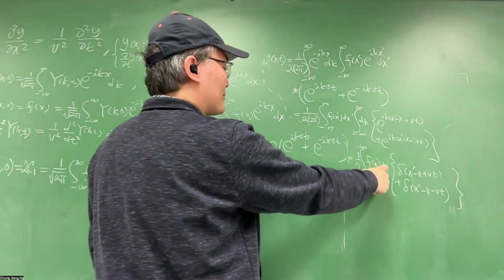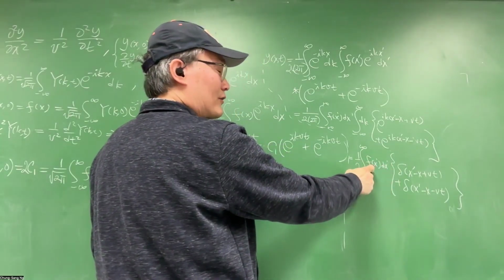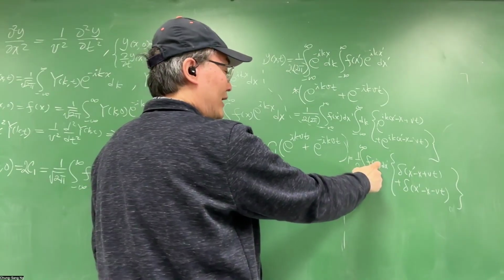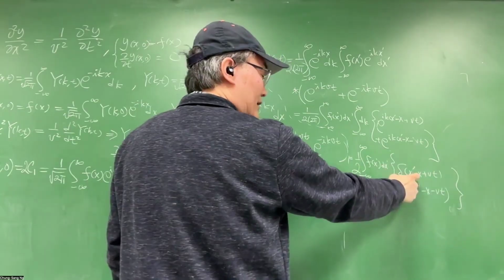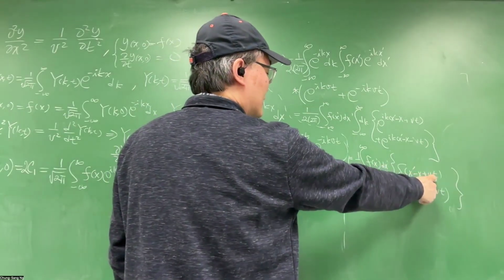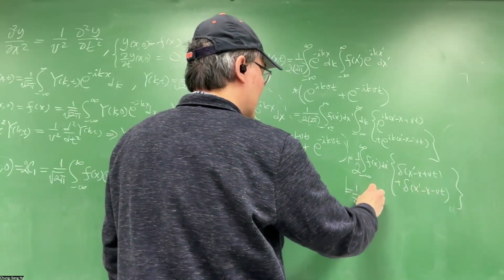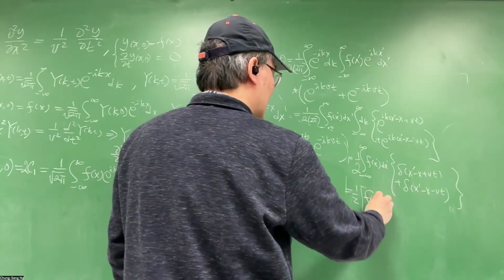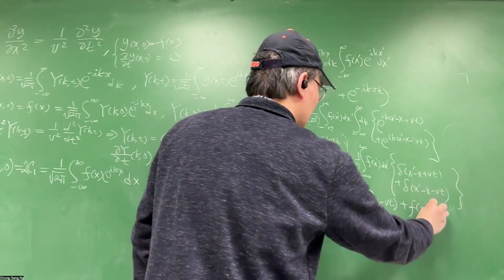You evaluate x prime at the value such that the argument of the delta function is 0. So the first one is x minus vt, the other x plus vt. So it's 1/2 of f of x minus vt plus f of x plus vt.